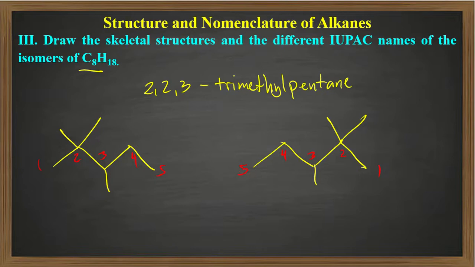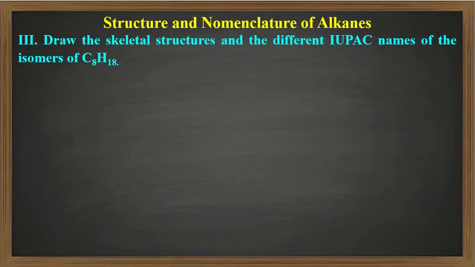Okay, 2, 2, 3, trimethyl pentane. So we can move one of the methyl in carbon number 4 so that we can have 2, 2, 4. 2, 2, 4 trimethyl pentane gihapon. 5 pentane plus tulo ka methyl, that is 8 gihapon.